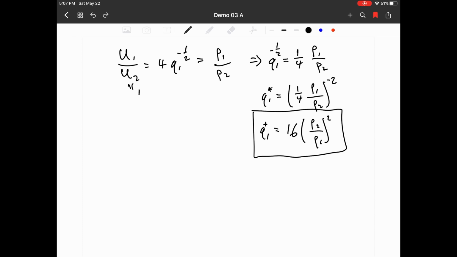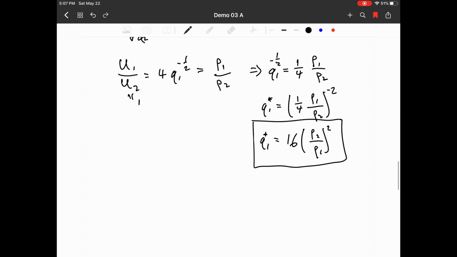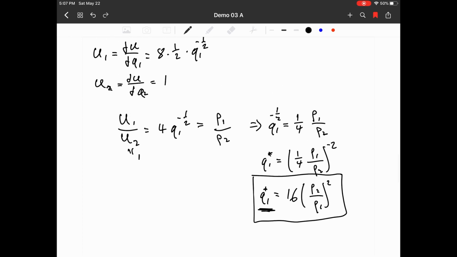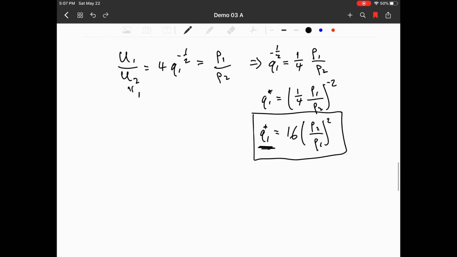We're left now with a problem. What do we do? How do we solve for Q2? We're not told anything about Q2 from the derivatives. So the next step here is to use what else we know about the relationship between Q1 and Q2, and that's the budget constraint.